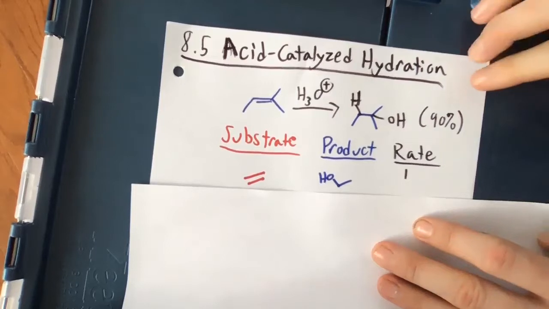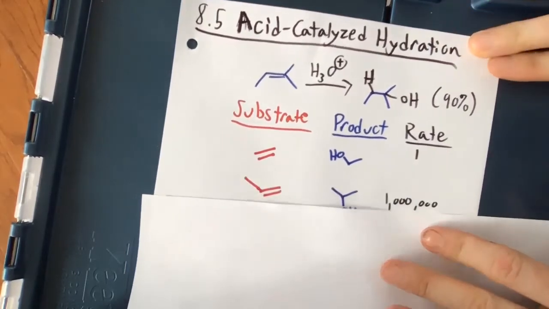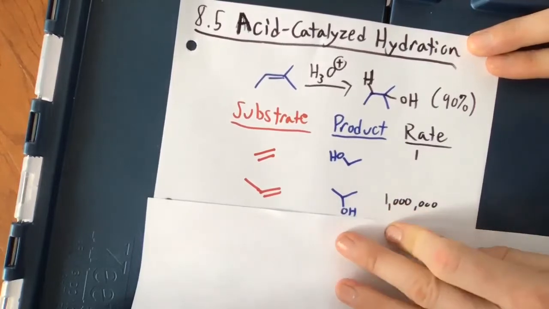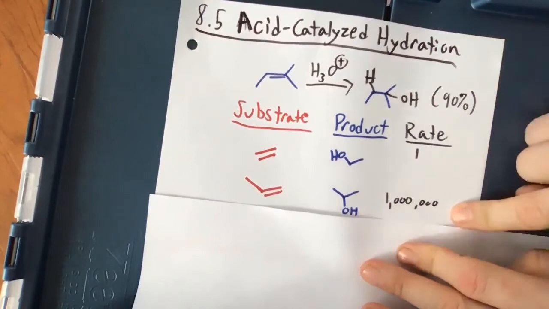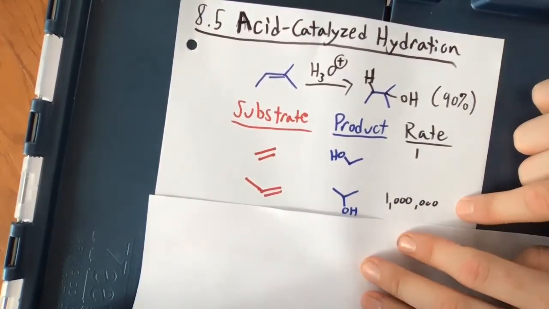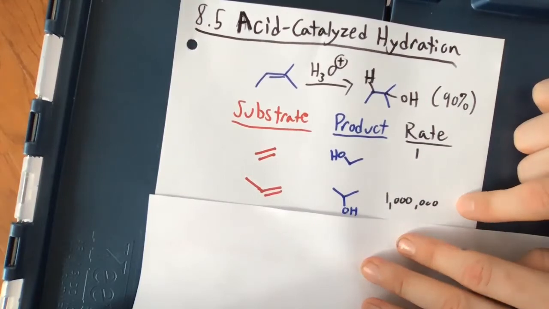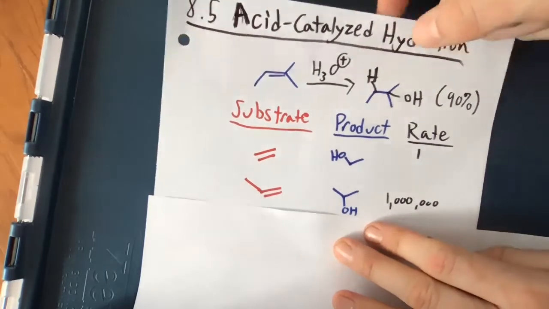If you add just one carbon onto this ethylene to make propene or propylene, the reaction rate to isopropanol jumps immensely from 1 to 1,000,000.